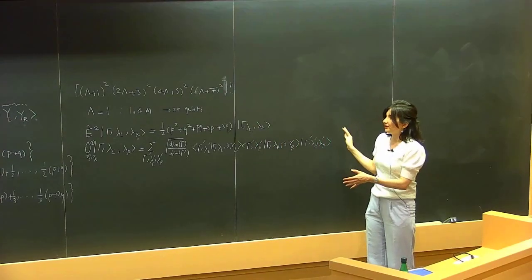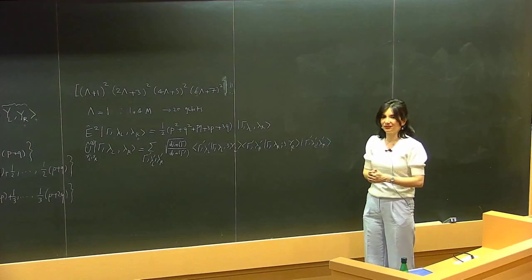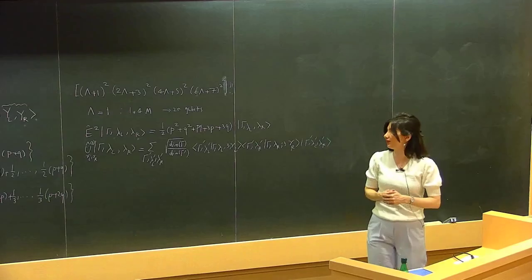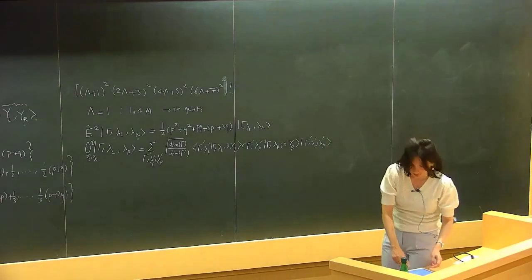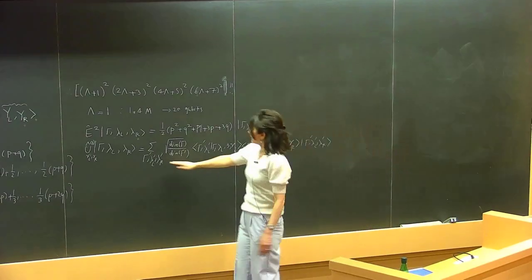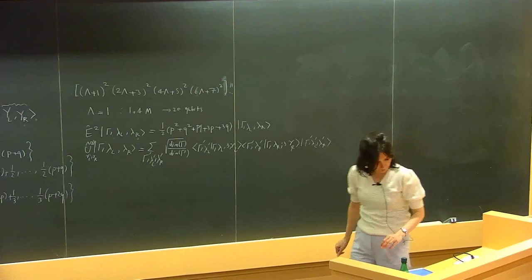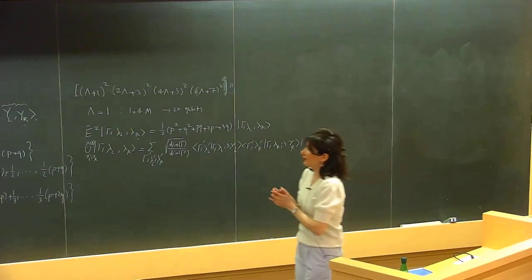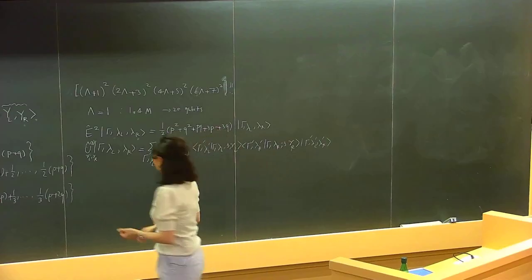A bit technical, but in principle, if you've seen SU(N) gauge theory or group theory before, this should not be too strange. The range of these sums and so on, everything is in the notes. I don't think it's necessary to go over it. So are we ready to talk about quantum computing? All good? Okay.